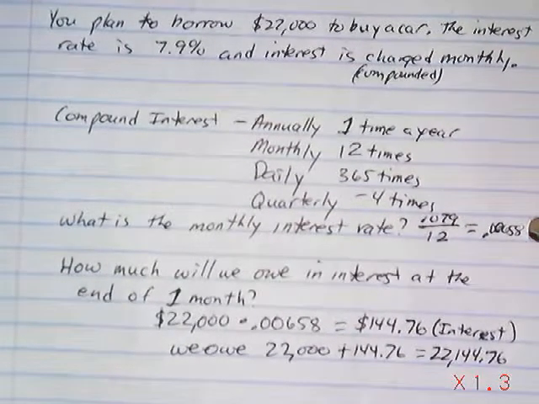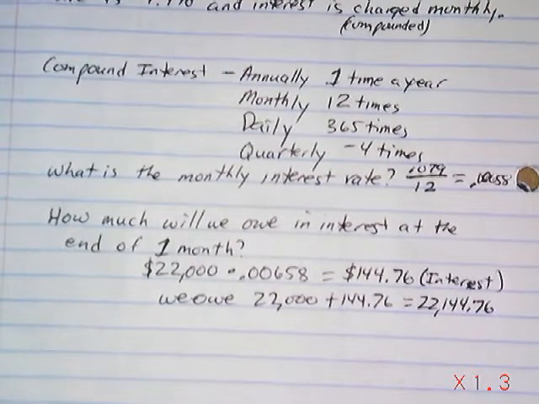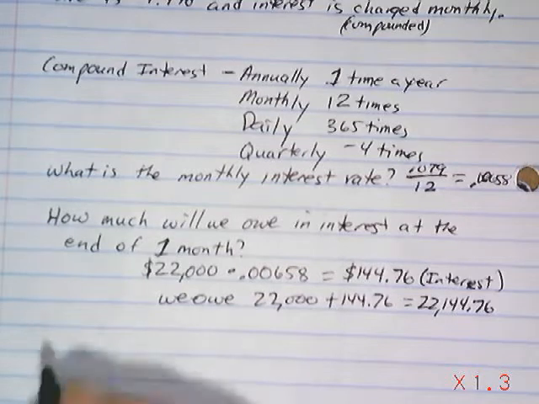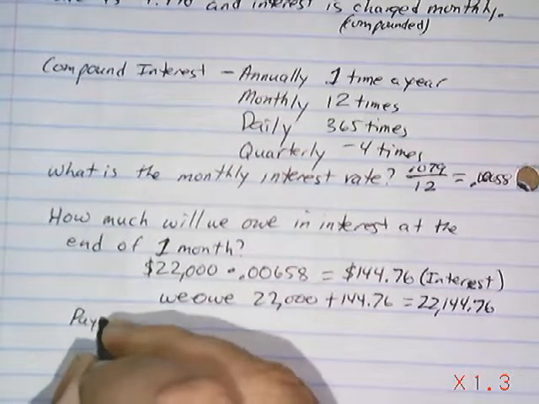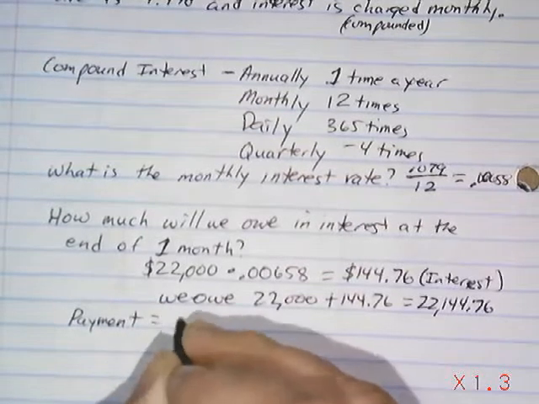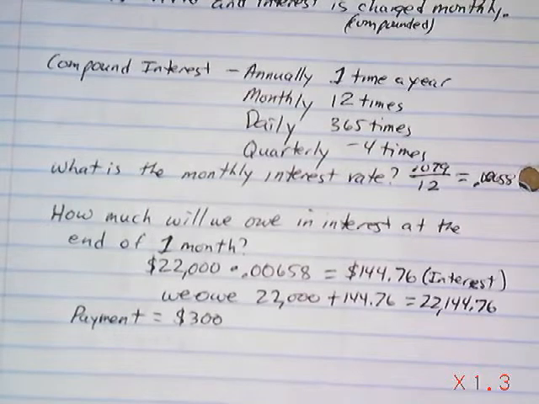Now, if we're going to do our second month, we have to recalculate our interest because we're not paying interest on $22,000 anymore. Now we're paying interest on $21,844.76. And we multiply that times 0.00658, which gives us $143.73.